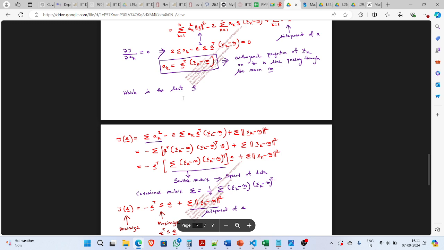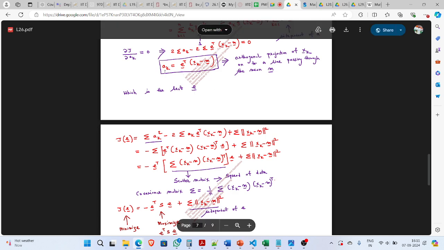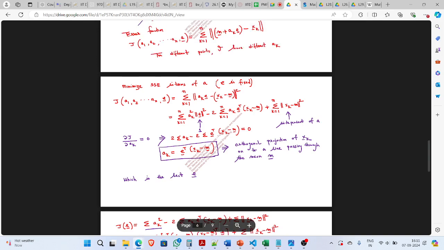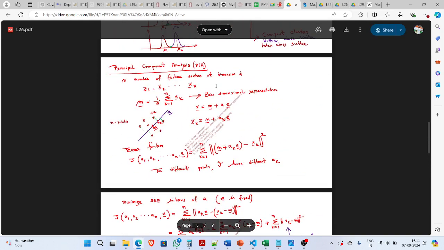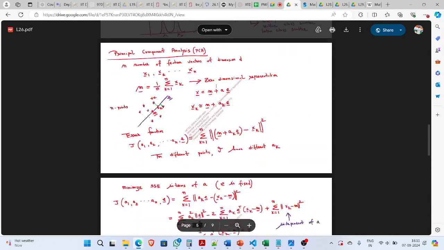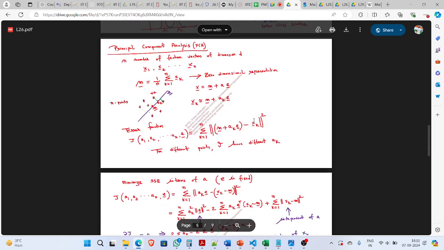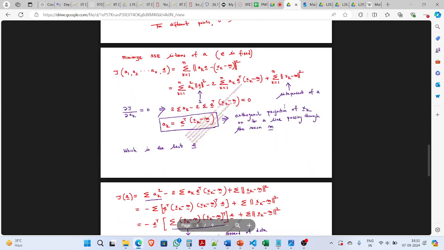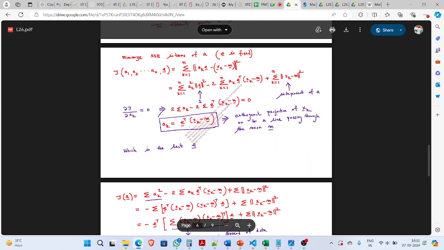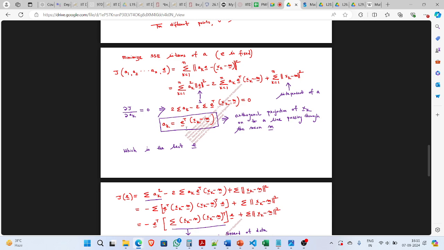This is the orthogonal projection of xk along this E transpose. That value is called ak here, so that is the component we have here. That is how we define principal components: the orthogonal projection on a vector E.